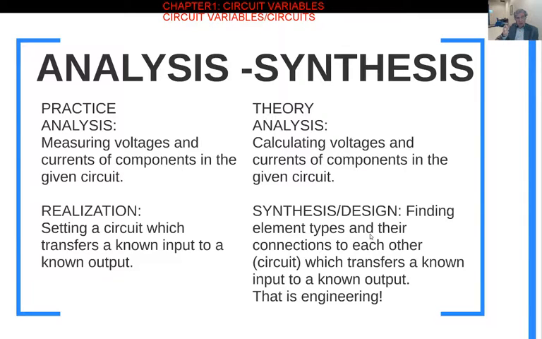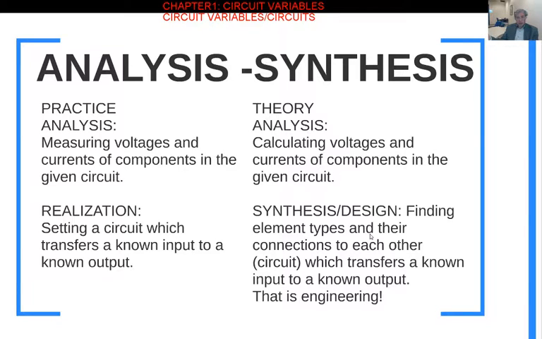So what we are going to do in terms of synthesis in the lab, what we calculated in theory, find the element types and their connections. That means theoretical synthesis has completed on paper.